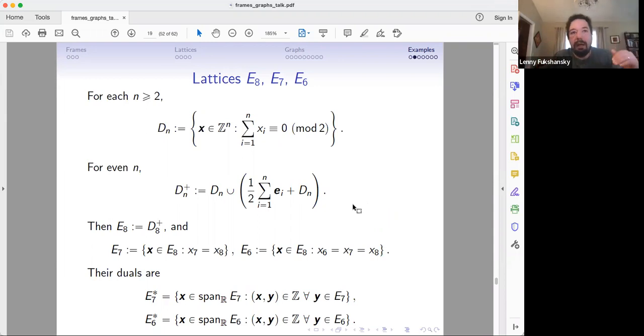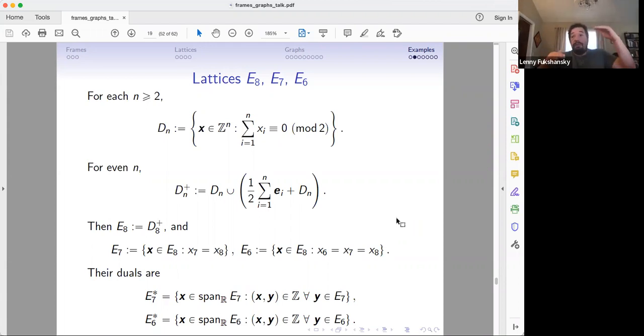The minimal norm of Dn and the minimal norm of the translated copy align. And so you get a huge bunch of minimal vectors. And that's the lattice E8. E8 is defined as D8 plus. If you have seen some results, for instance, the famous theorem of Maryna Viazovska on E8 being the world champion for packing density in dimension 8, what's so special about E8?